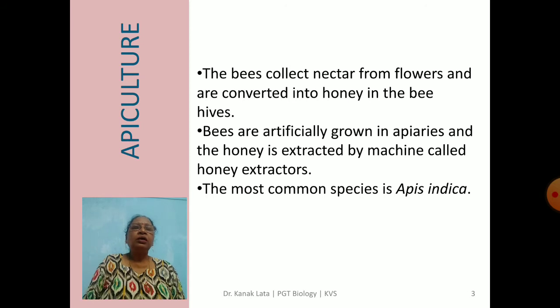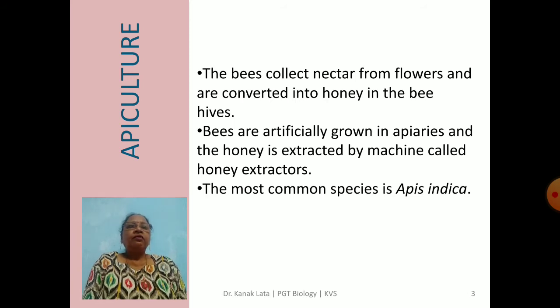Now how the honey is obtained? Actually the honeybees collect nectar from the flowers and they convert it into honey, and that honey is stored into beehives.